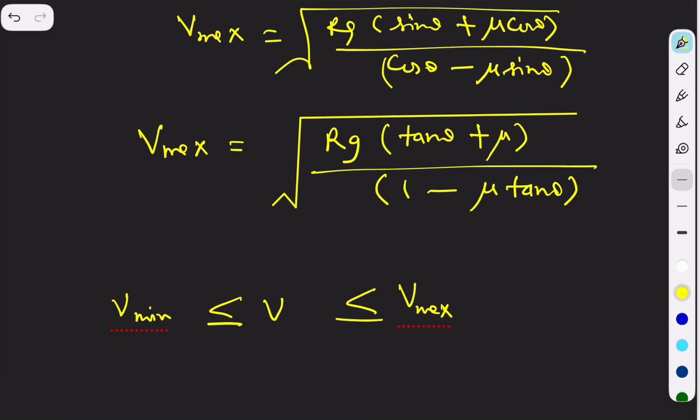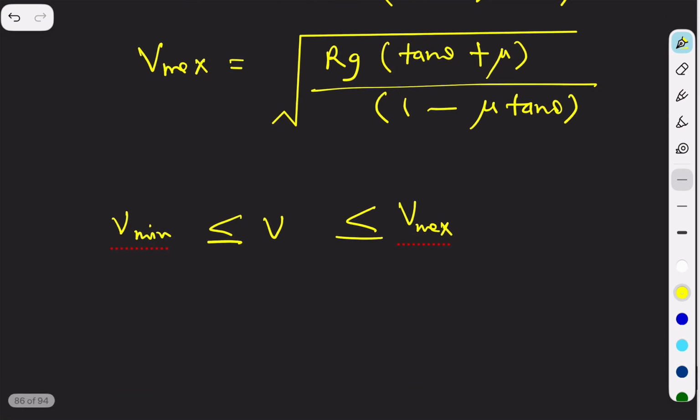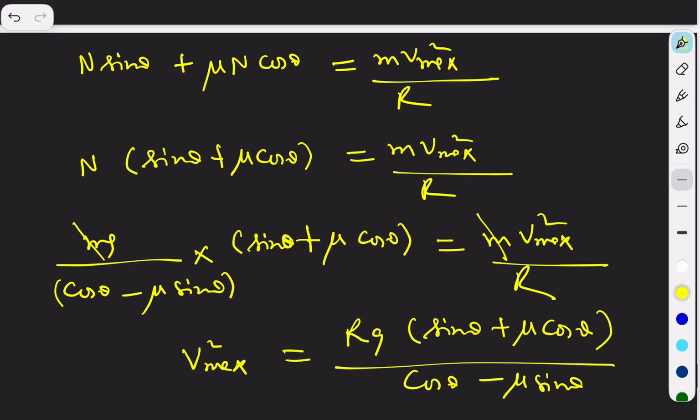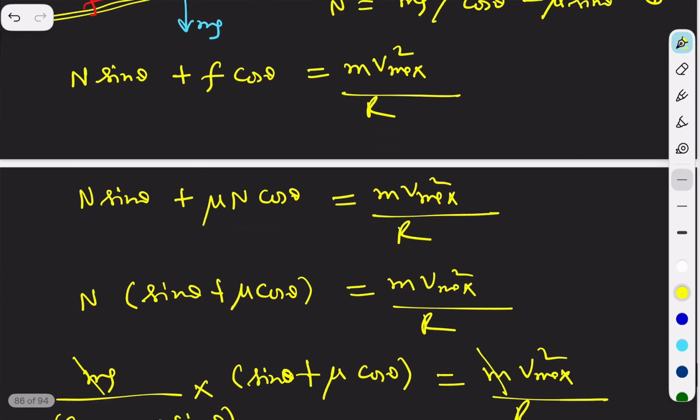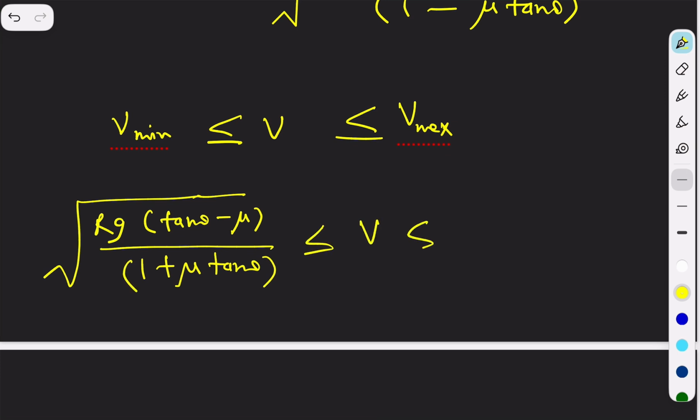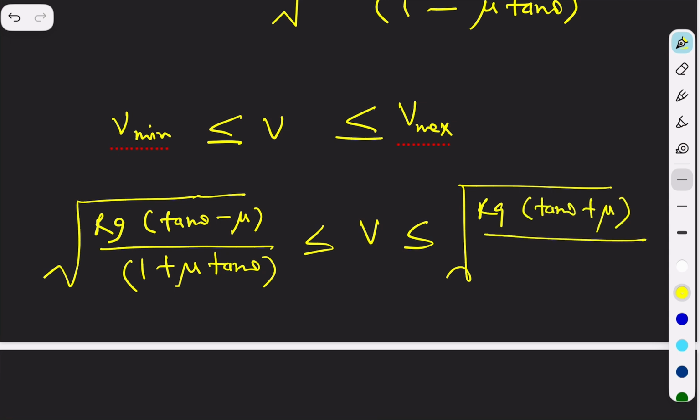And those velocities are, if you see the values that we have derived, under root of Rg tan theta minus mu upon 1 plus mu tan theta, to under root of Rg tan theta plus mu upon 1 minus mu tan theta.